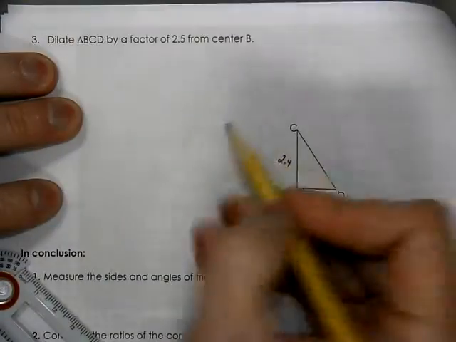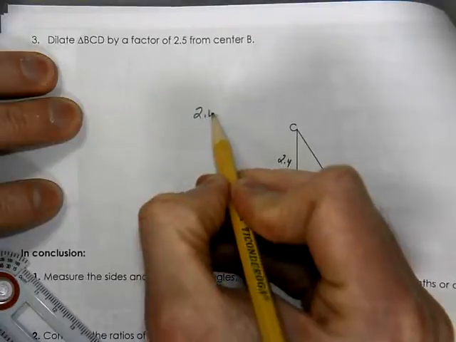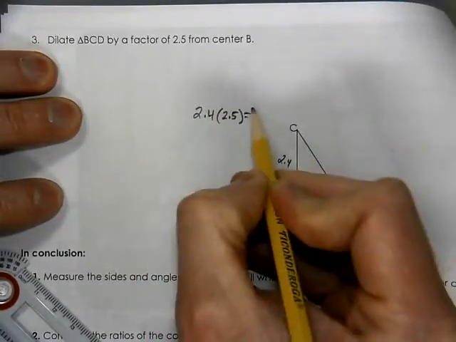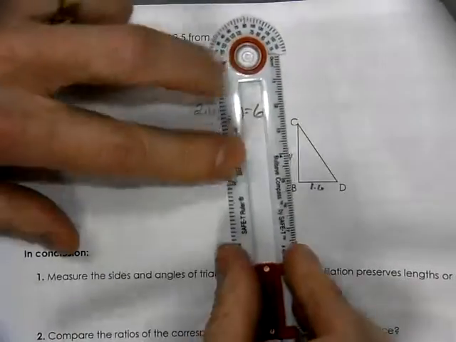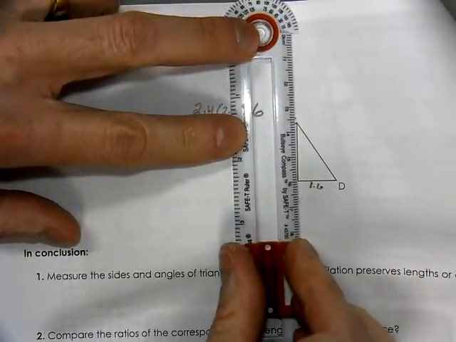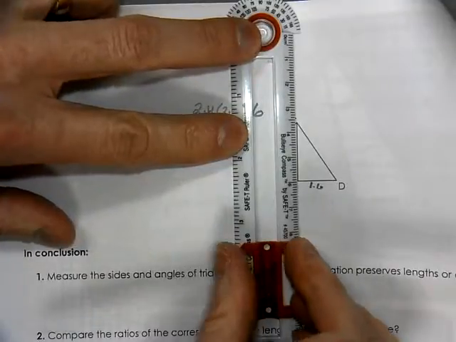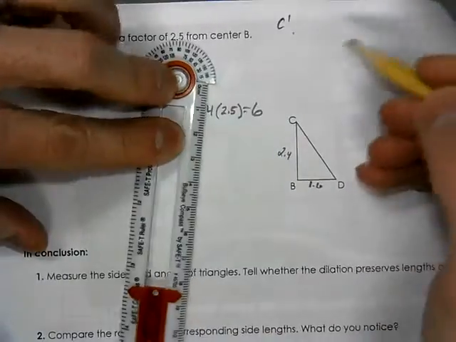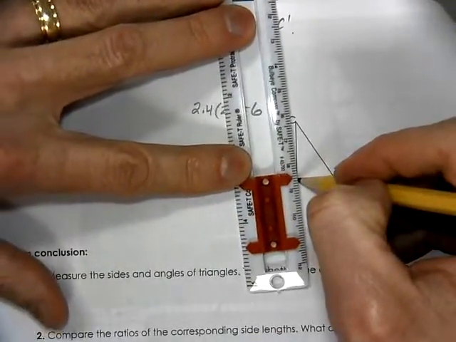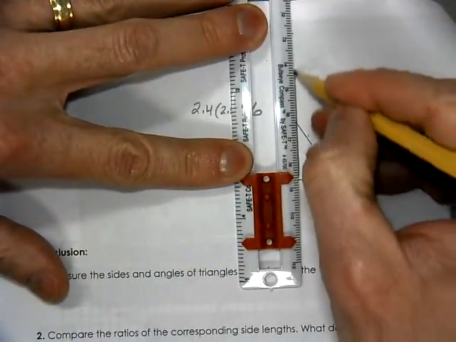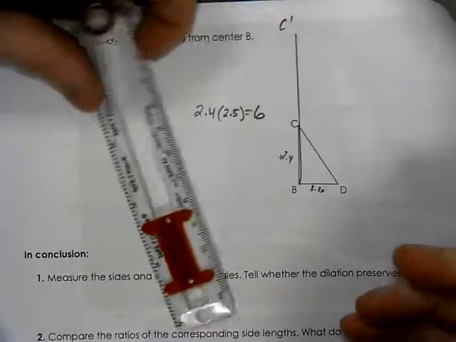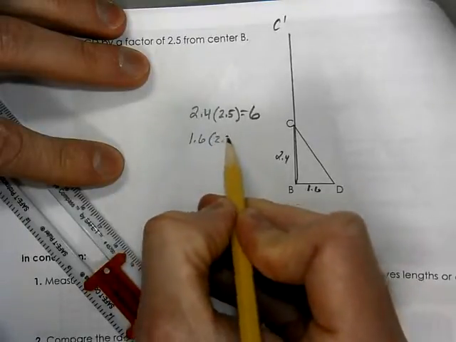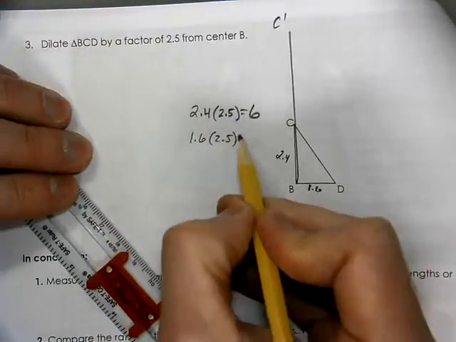So if we take 2.4 and multiply that by 2.5, we're going to get a value of 6. So we know that C is going to be extended out to become C prime way out here at 6. And then 1.6 times 2.5, you always multiply by the scale factor.